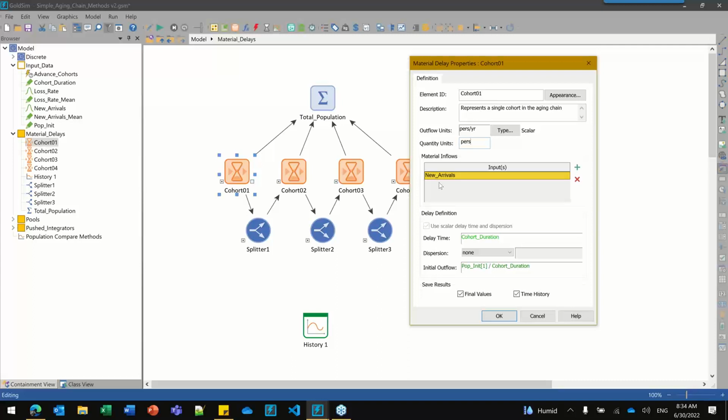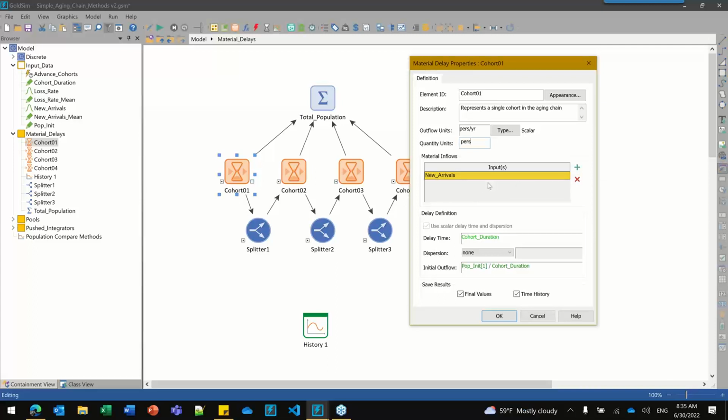But the nice thing with using material delays is you could have multiple inflows coming from multiple sources. And that makes it very flexible for downstream cohorts. For example, if you're modeling an organization, perhaps you're hiring people not at entry level, perhaps you're hiring them at different levels. And so this makes it very easy to bring people in at any of the cohorts just by clicking this plus sign and adding new inflows.